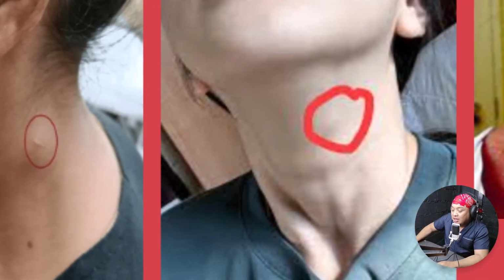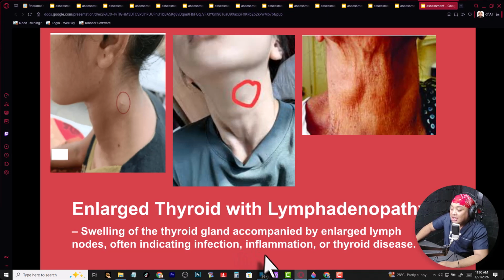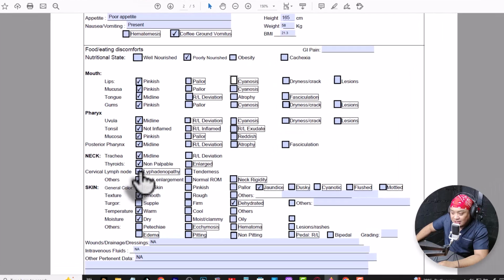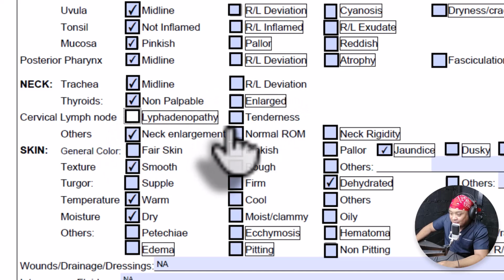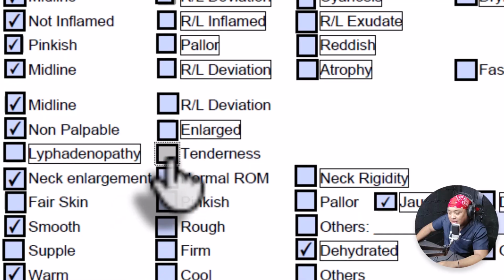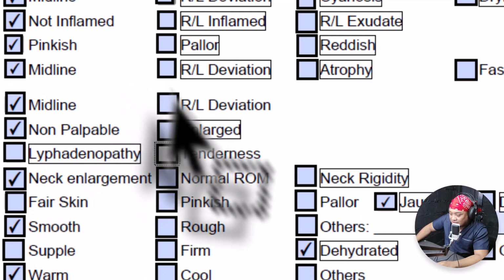So swelling of the lymph nodes, often indicating infection and inflammation or thyroid disease. There you go. So if you see that, you can click that one. But for this one, I don't think it's lymphadenopathy. If the patient says there's a little bit of pain in my neck, then I could click tenderness, but I'll just unclick that one.